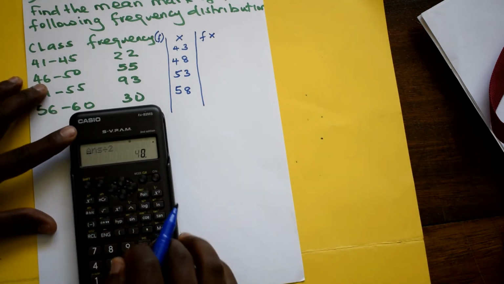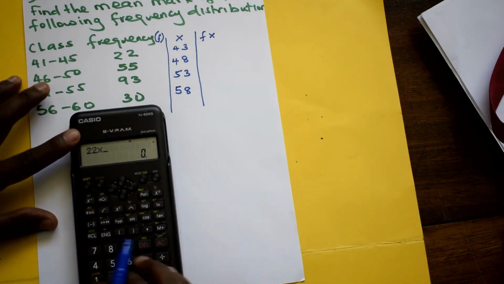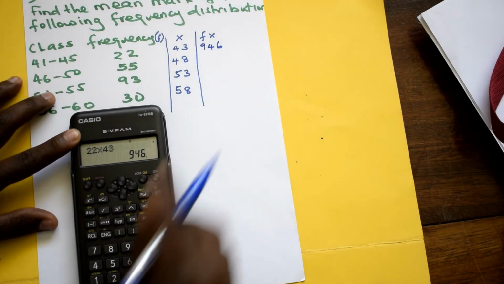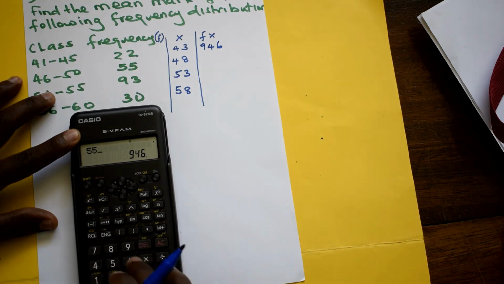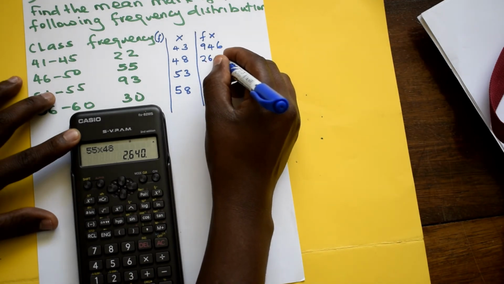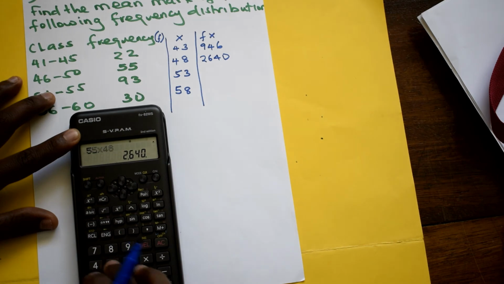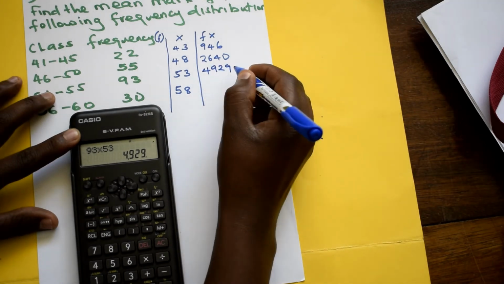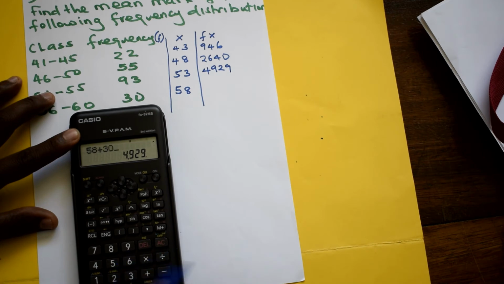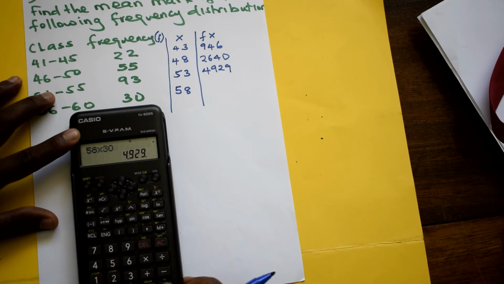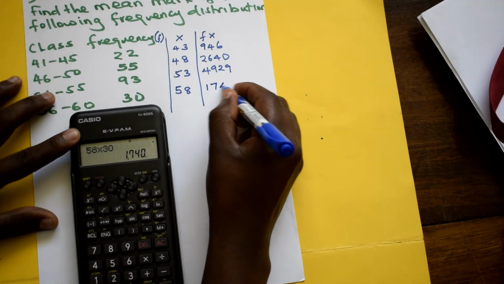So we have 22 multiplied by 43 gives us 946, 55 multiplied by 48 gives 2640, 93 multiplied by 53 gives us 4929. We have 58 times 30, which will give us 1740.